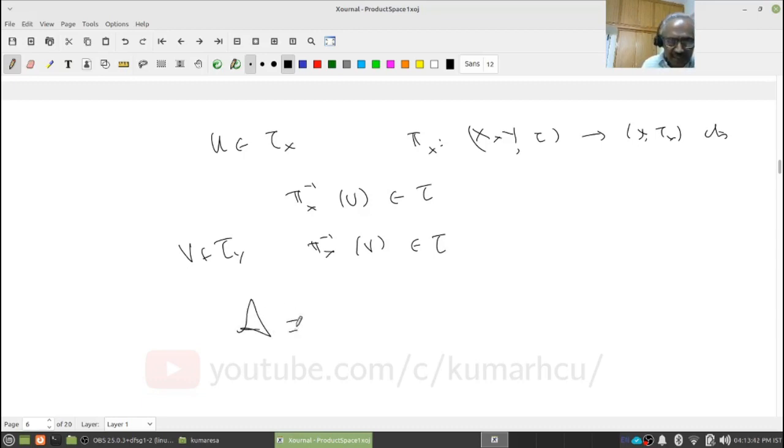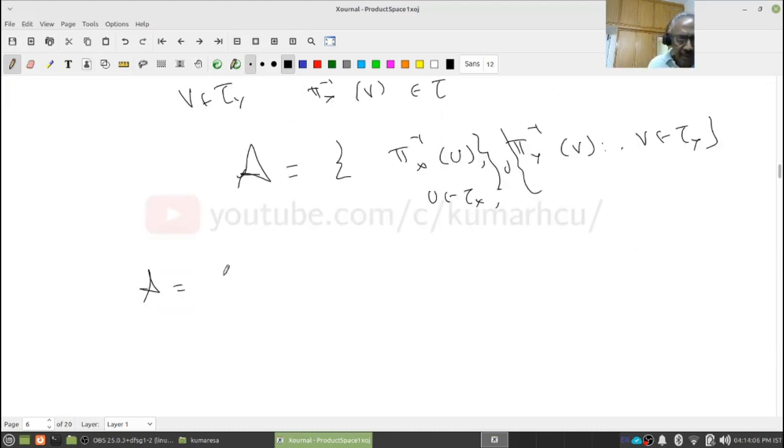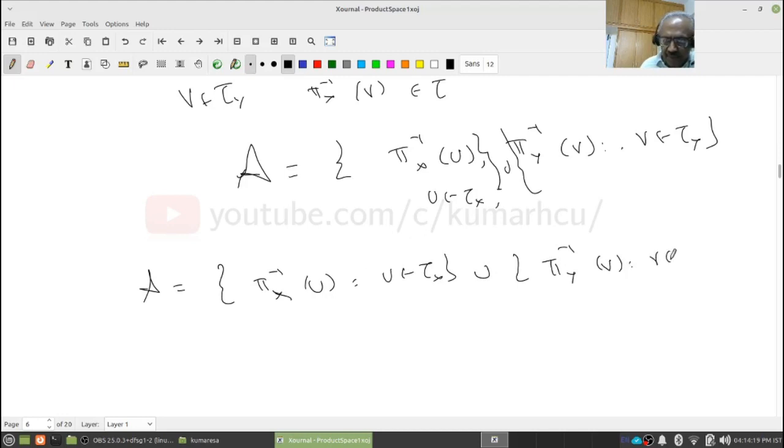Therefore, I have a collection A. What is the collection A? The collection A is the set of all elements of this type: pi x inverse of u, where u is in tau x, and union, pi y inverse of v, where v is in tau y.